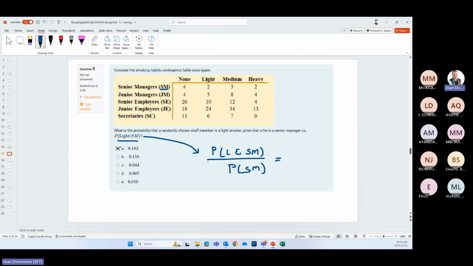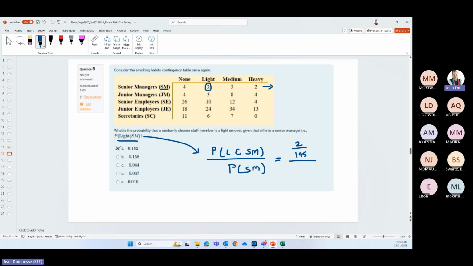So if you look at the probability of light and senior manager, there are going to be 2 of them. And then for the probability of a senior manager, we need to add all of them together.